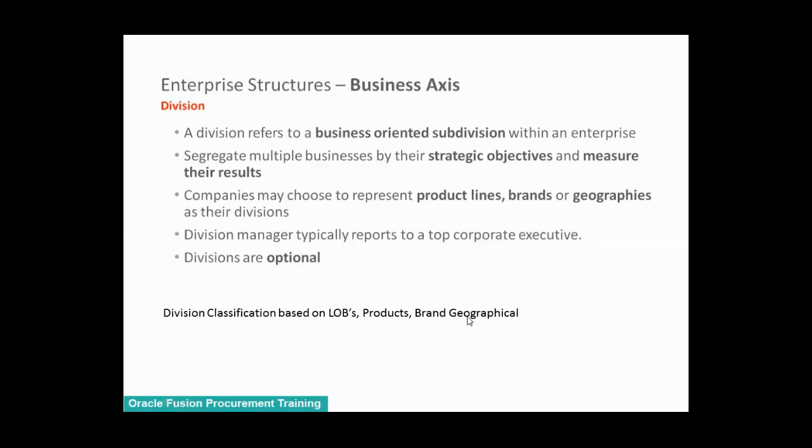Suppose under GE Electricals you are operating in different countries from different geographical places. By that classification also we can divide into divisions: GE India Electrical division, GE US Electrical division.